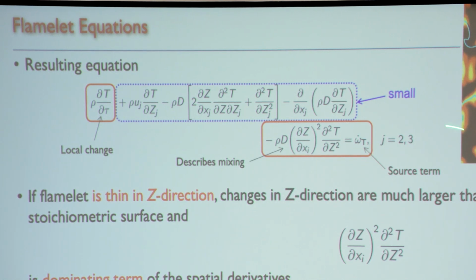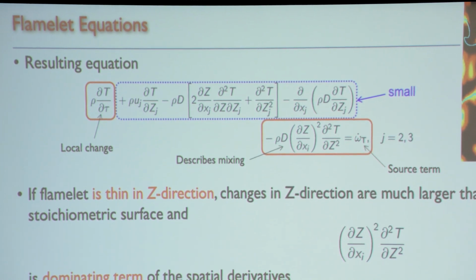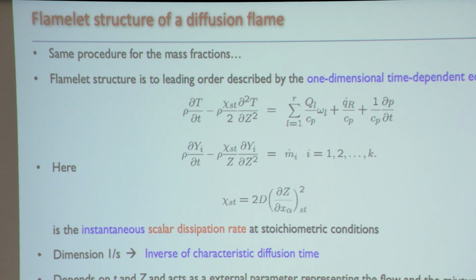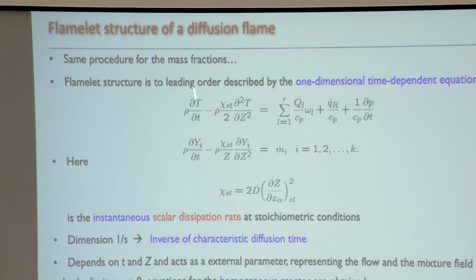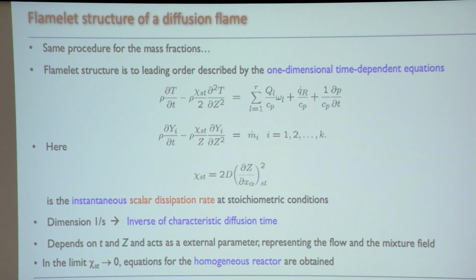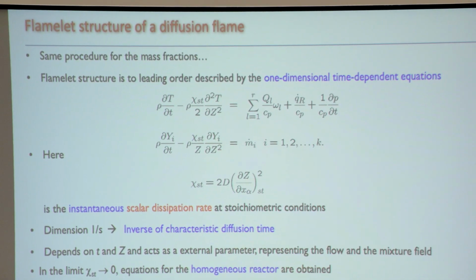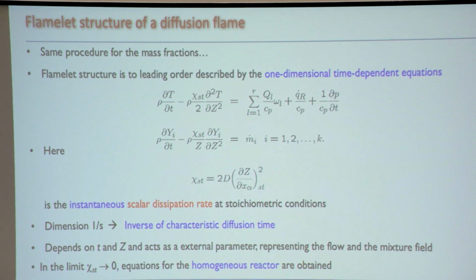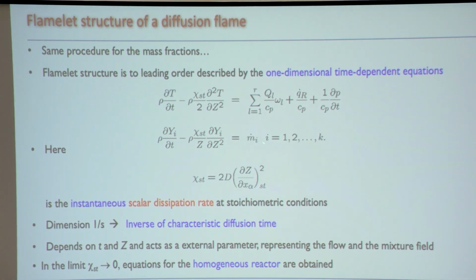It's the diffusion in the mixture fraction direction, and that balances the chemical source term. Of course unsteady effects could also be important, but very often they are not considered. Very often we assume the whole flamelet structure is in steady state. That leads to the steady flamelet formulation.